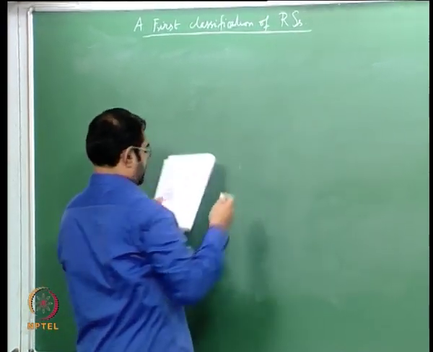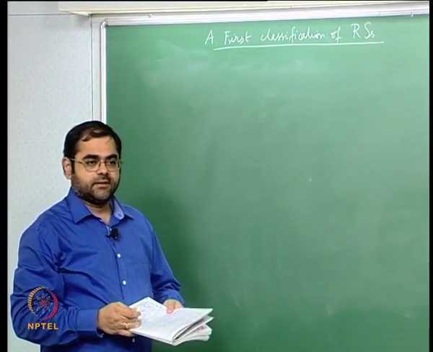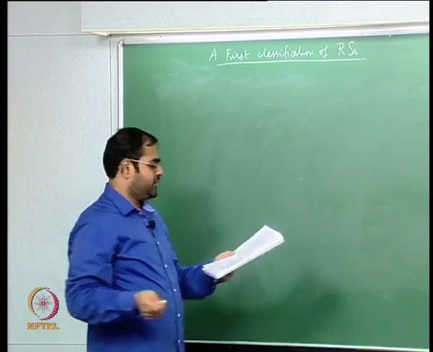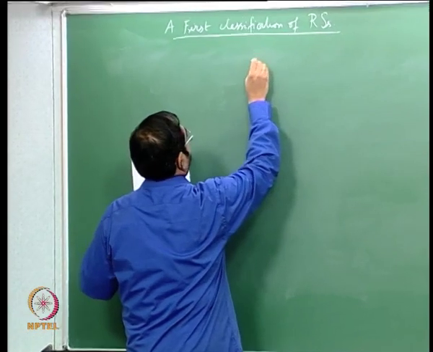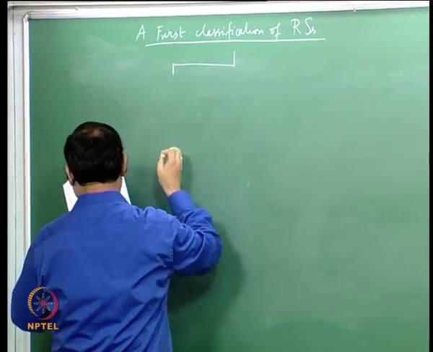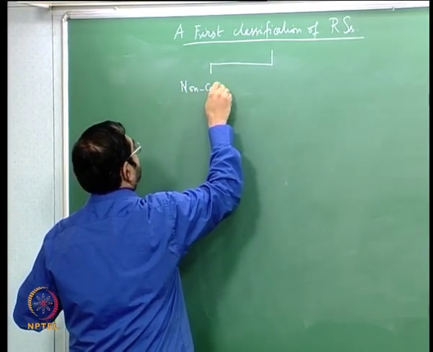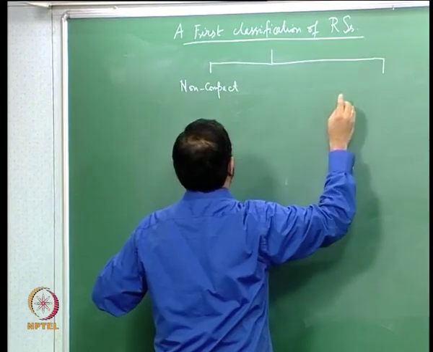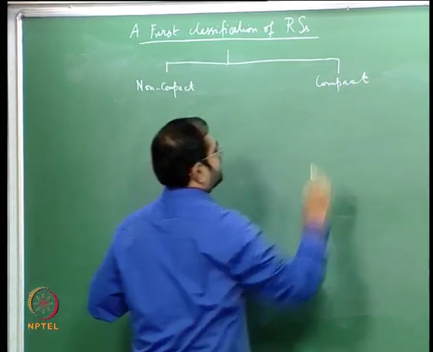This is just to aid your memory. So you take Riemann surfaces, and you can break them down into non-compact Riemann surfaces, and the other possibility is compact Riemann surfaces.